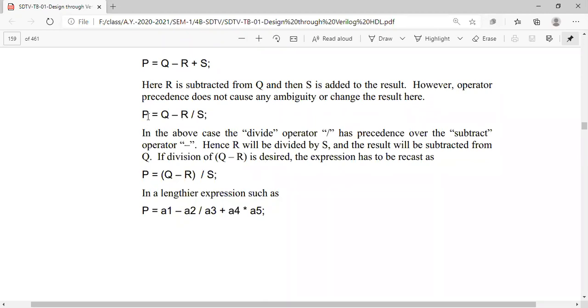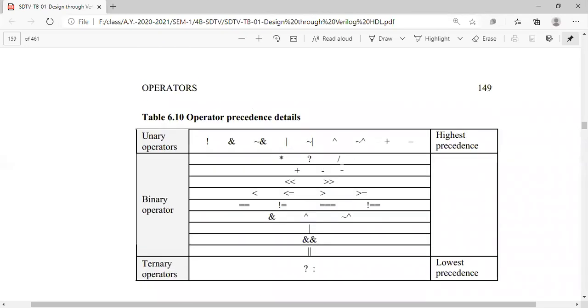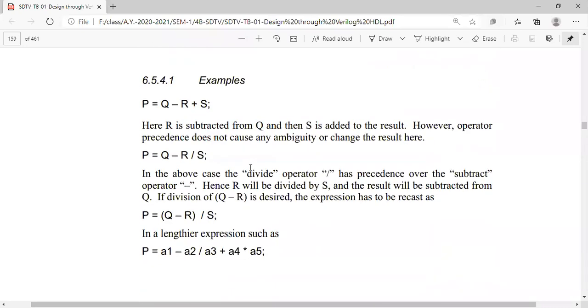Now see here, it is mentioned that P is equal to Q minus R divided by S. First, what you have to do? Here, the divide operator has higher precedence over the subtract, so first I have to calculate this.